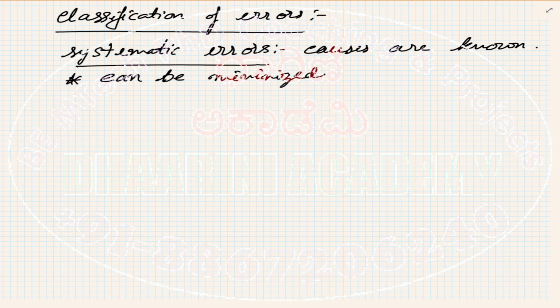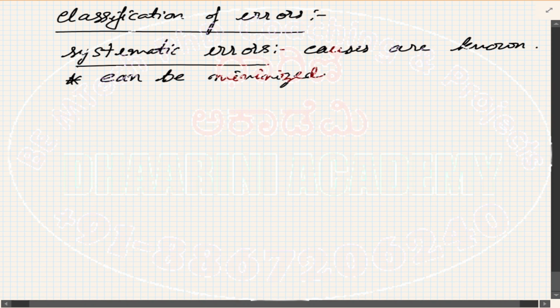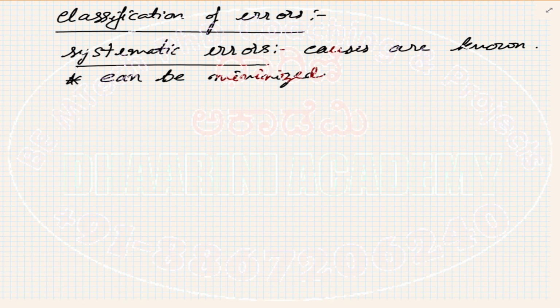So what could be the causes? For example, instrument errors, due to some problems with the instruments. You have an instrument and there is some sort of error with it.